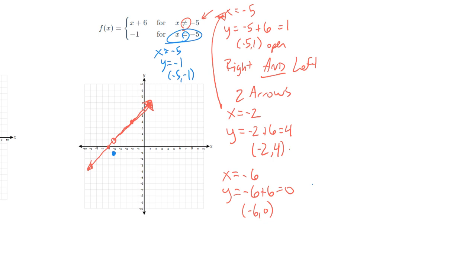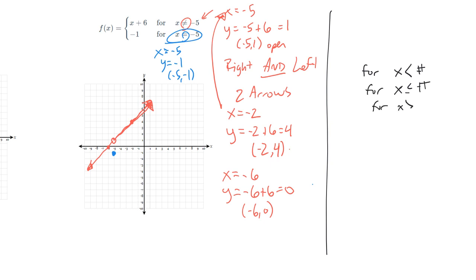I guess what I want you to realize, maybe I can summarize this over here. Each piece is going to have a domain restriction, right? If you have x less than a number, or x less than or equal to a number, or x greater than a number, or x greater than or equal to a number.